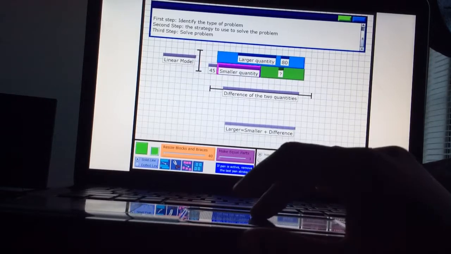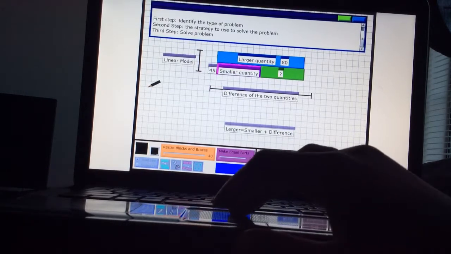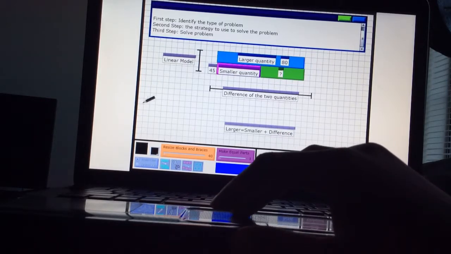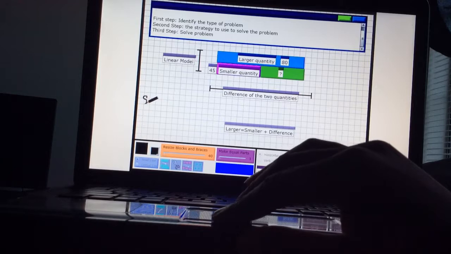So now we need to write out our equation. Our larger quantity is 80.